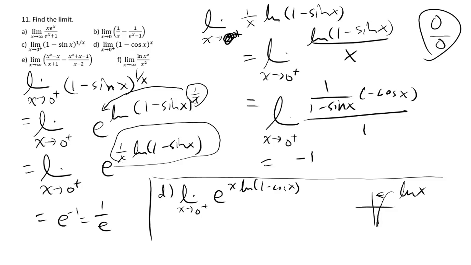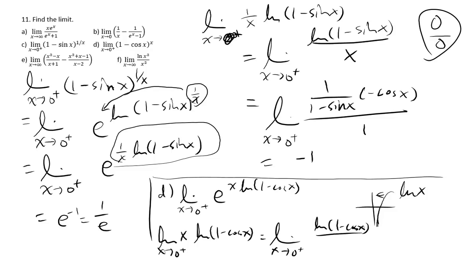That goes to 0, which means that it actually is an indeterminate form. So what we do is we take the limit of x times ln of 1 minus cosine of x as the limit, x going to 0 plus, of ln of 1 minus cosine of x over 1 over x, because if you do it this way, then you have infinity over infinity.